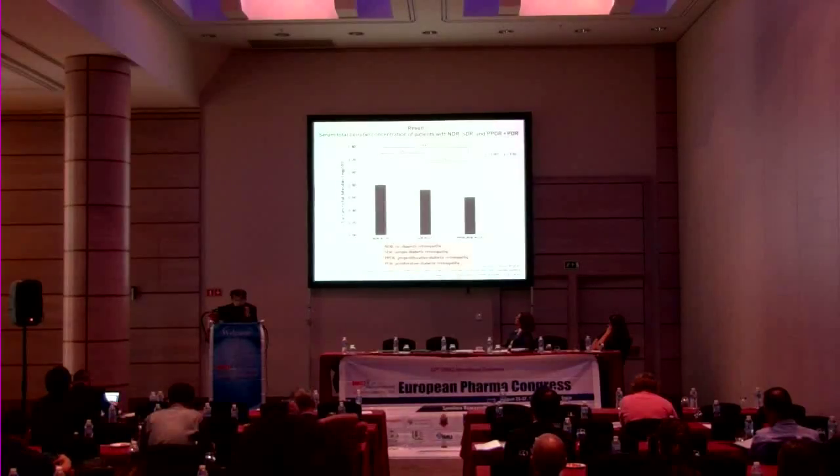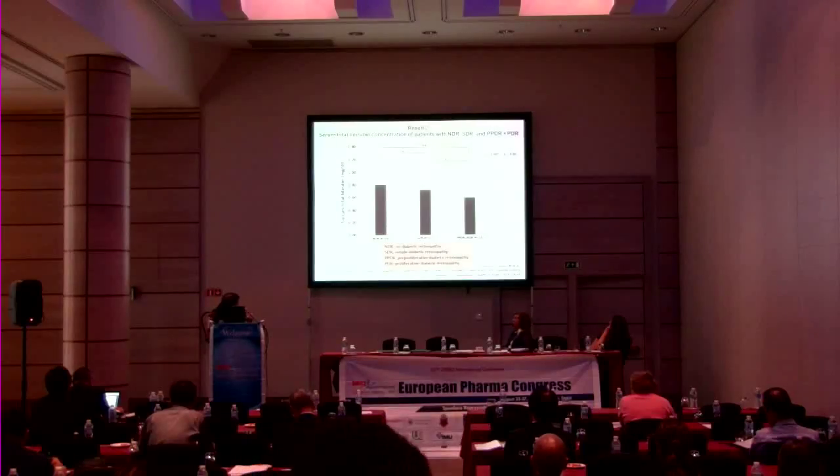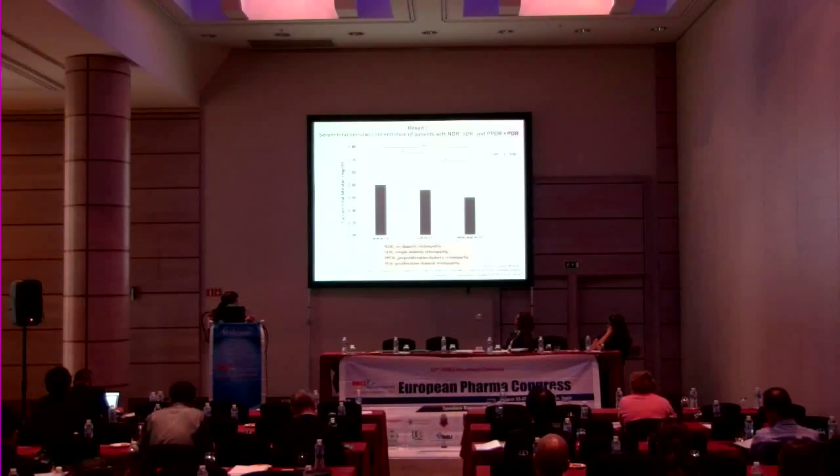As shown in this slide, patients without retinopathy show significantly higher bilirubin concentration than the patients with simple retinopathy, and patients with simple retinopathy showed higher serum bilirubin concentration than the patients with preproliferative and proliferative retinopathy. So it means serum bilirubin concentration decreases with the increasing severity of diabetic retinopathy.